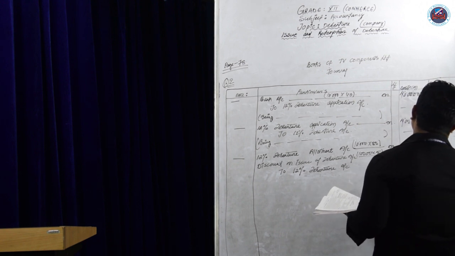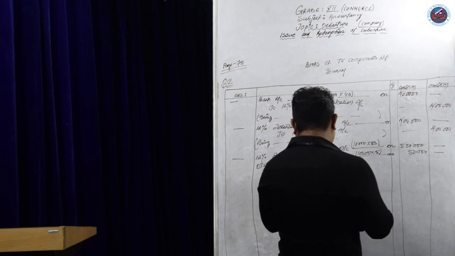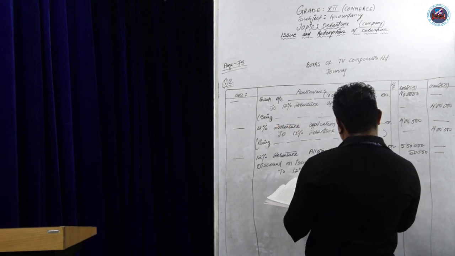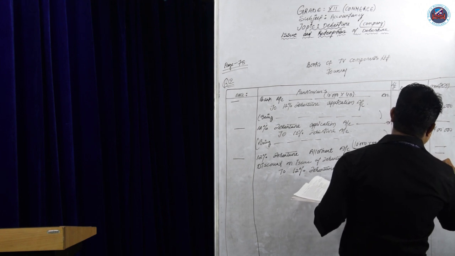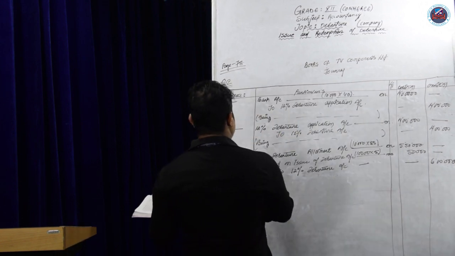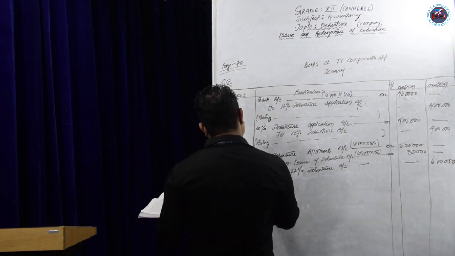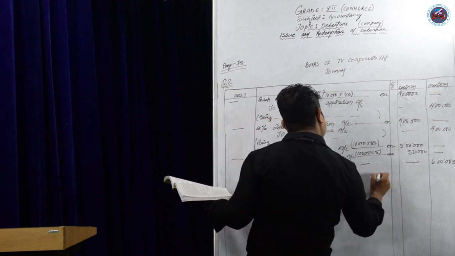That 50,000 amount is discount. While giving the allotment entry, if we add the two, it will become 6 lakh. Being the same narration, being debenture is issued.